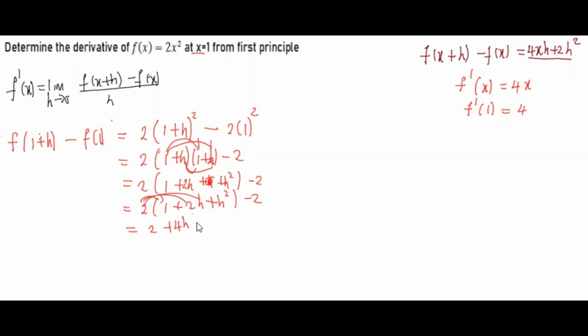And 2 times h squared is 2h squared, minus 2. 2 minus 2 is 0. So we'll be left with 4h plus 2h squared. So our f at 1 plus h minus f at 1 is equal to 4h plus 2h squared.